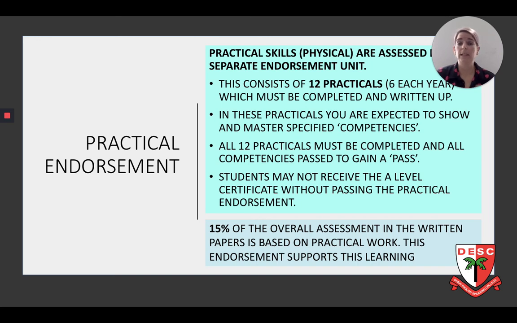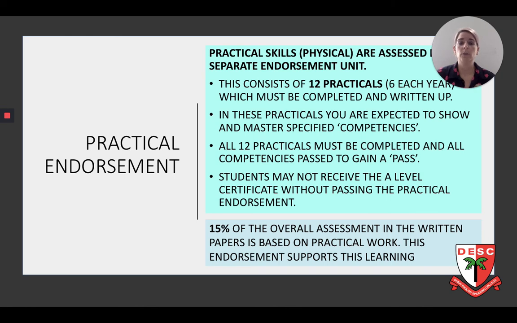These must be completed in class and written up. During these experiments, during the actual running of the practicals and in the write-up, students are meant to show and master competencies. Us as the teachers here at DESC, we watch the students and see that they can handle the equipment and process and analyse the data.